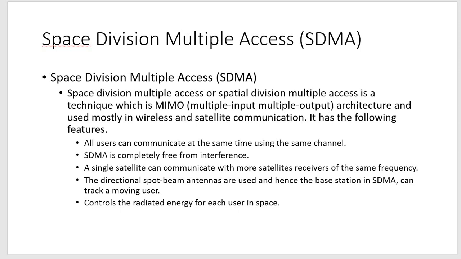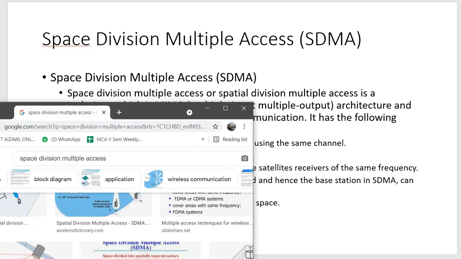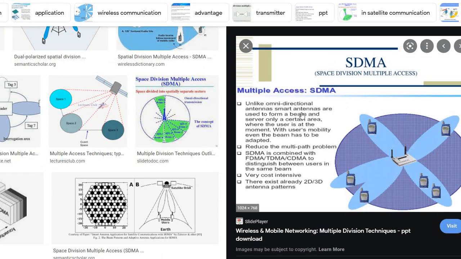So let's see in this graphic here. In SDMA, space division multiple access, from this device it covers some area, some space. Outside this space it cannot access the information, unlike an omnidirectional antenna.